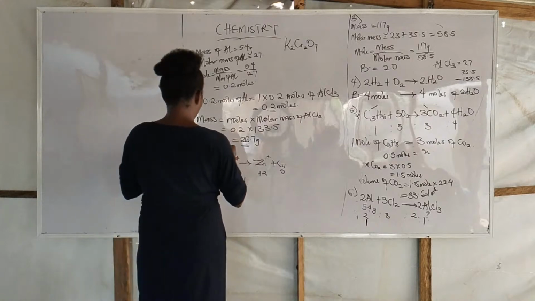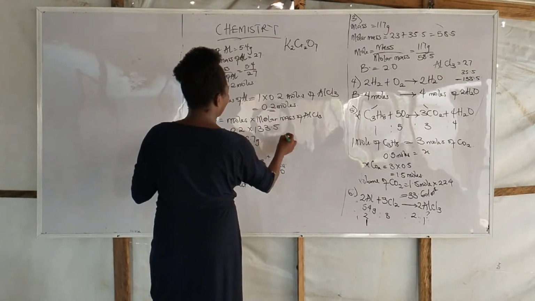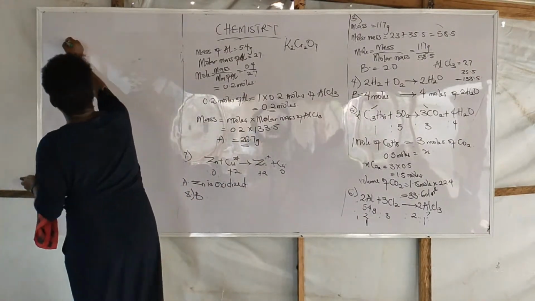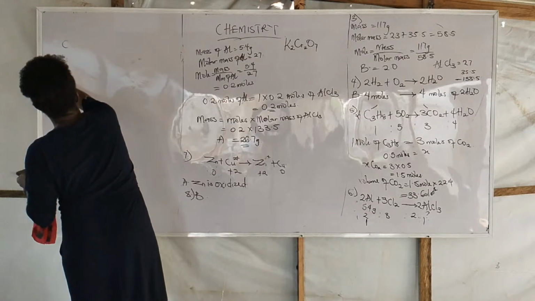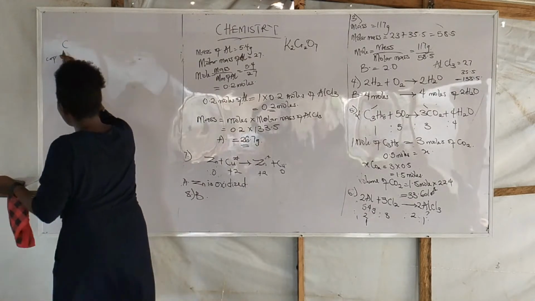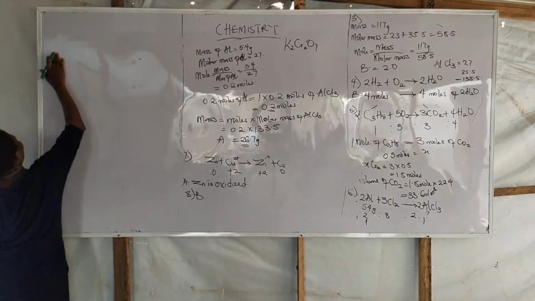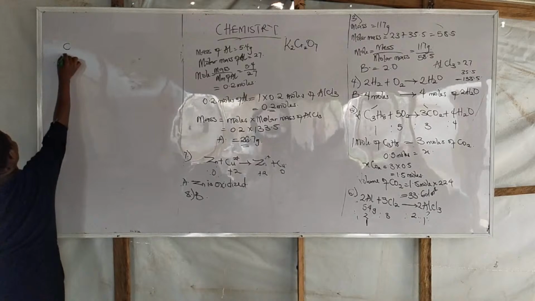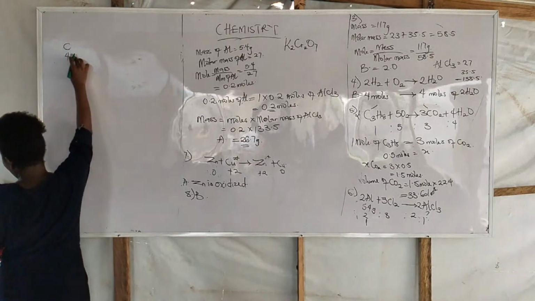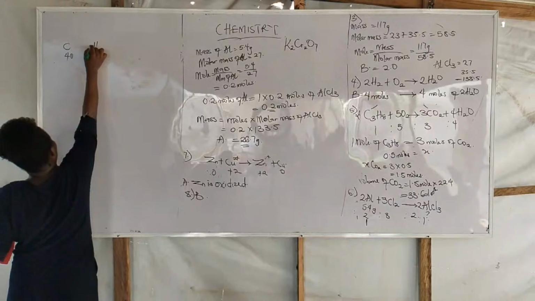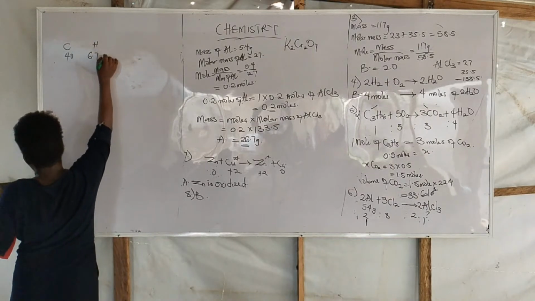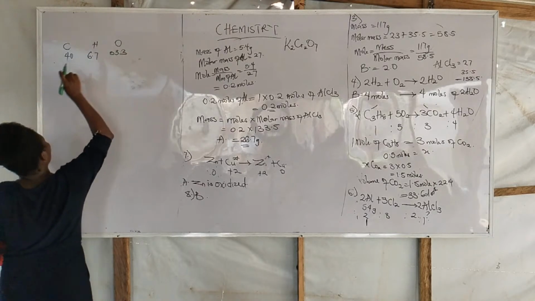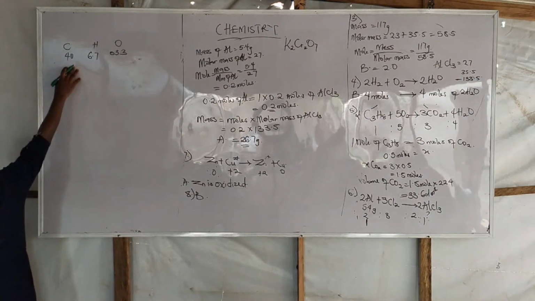A compound has carbon 40, hydrogen 6.7, and oxygen 53.3 in percentage composition.